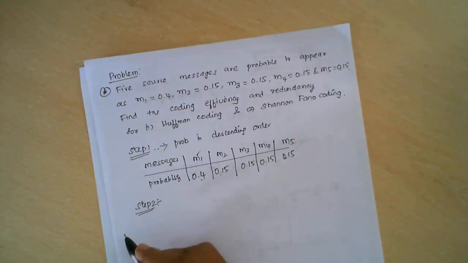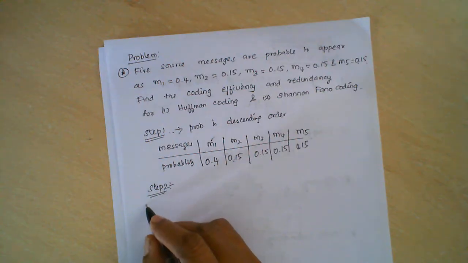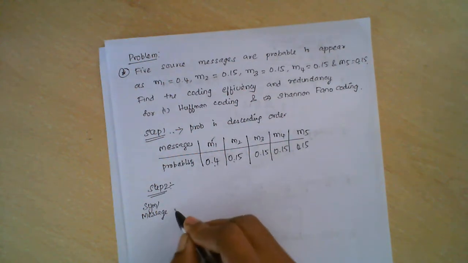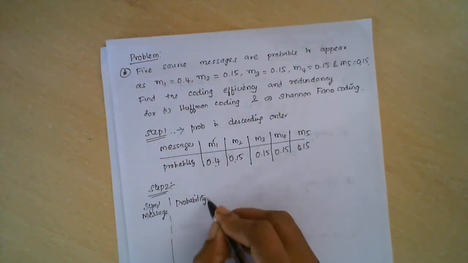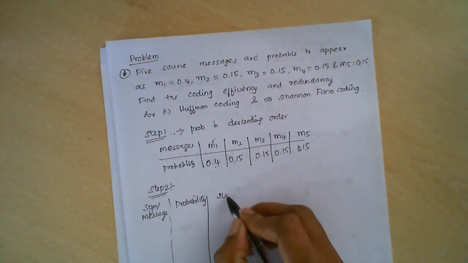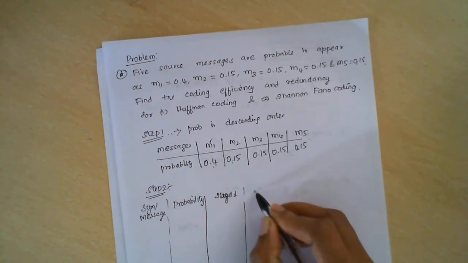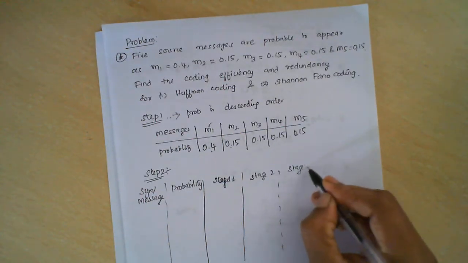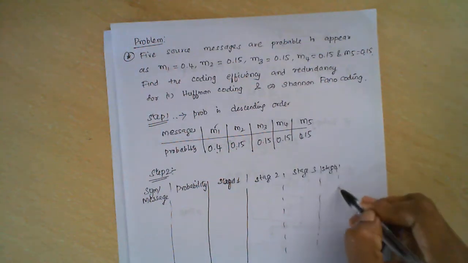For step 2 you need to follow these steps: you write the symbol or message. Here they have given it as message. Draw this format for all the problems, and it will be very neat. Then probability. Then you go with stage 1, stage 2, stage 3 and stage 4.